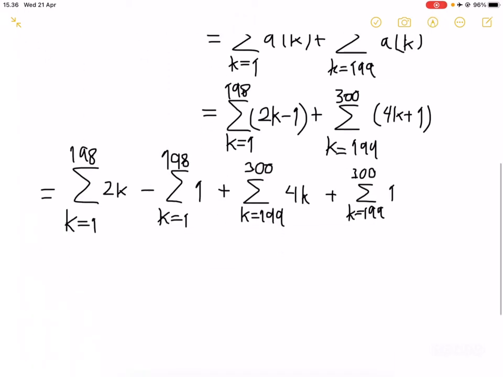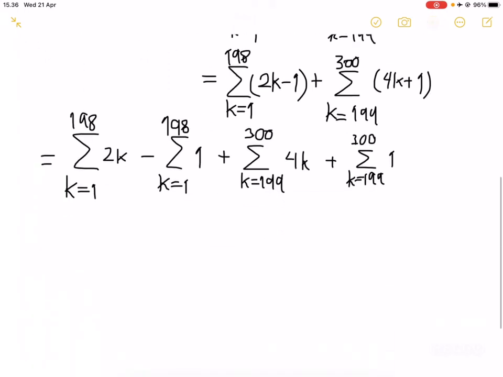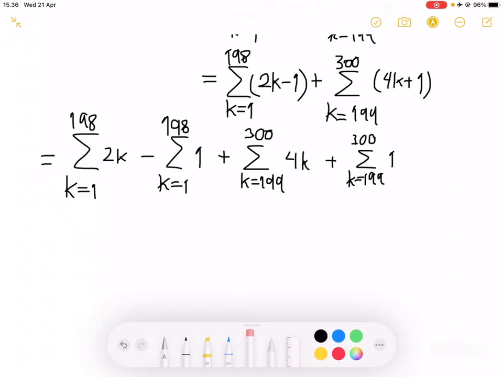Alright, so we can rewrite these as follows. Next, I'm going to use another sigma property. Since the coefficient of k is a constant, which is 2, we can extract that out of the summation. We can do the same for 4k in this case.